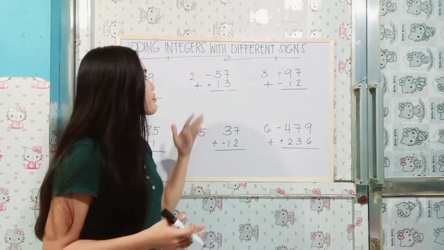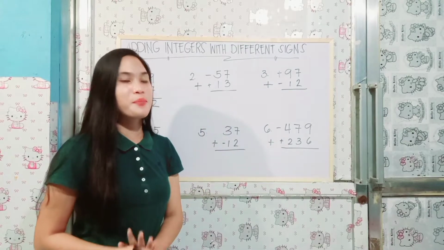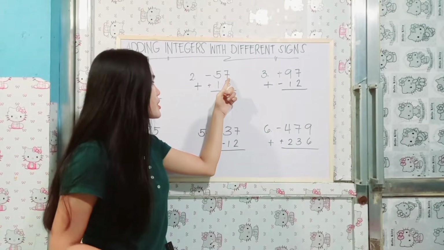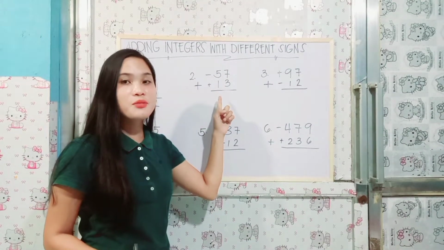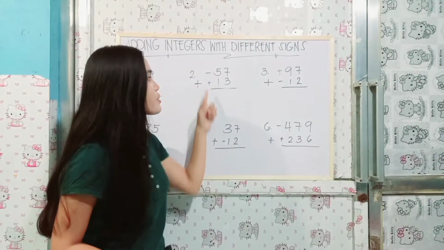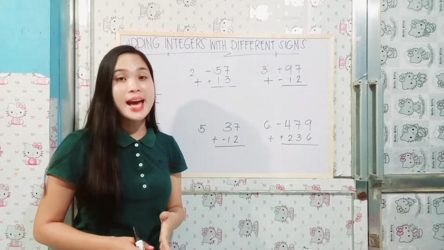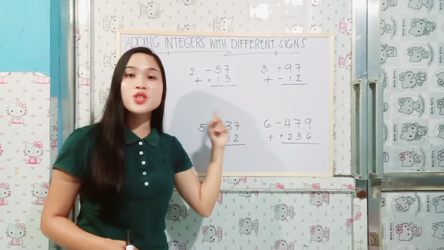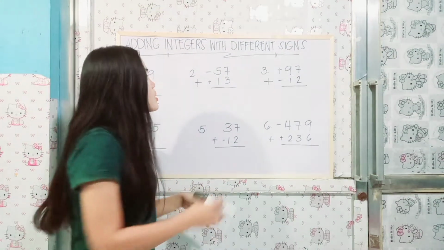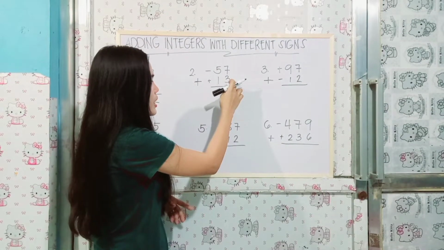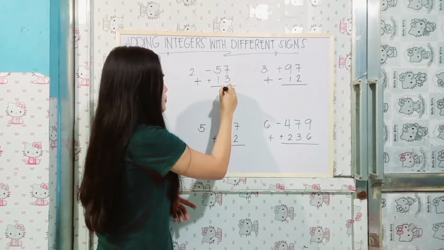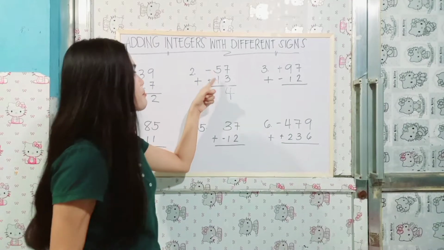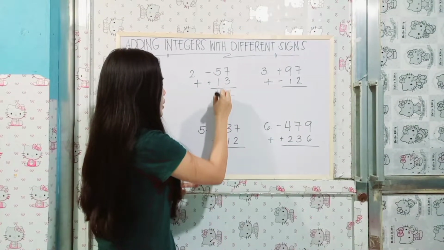Okay, so we have this another example. So we have negative 57 plus positive 13. So as you observe, our addends have different sign. So we will proceed to subtraction. So we will subtract their absolute value. So 7 minus 3 is 4. And then 5 minus 1 is 4.